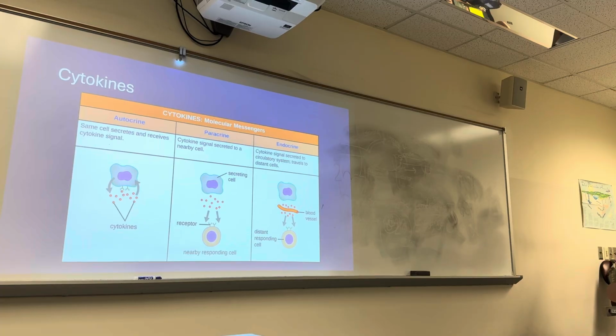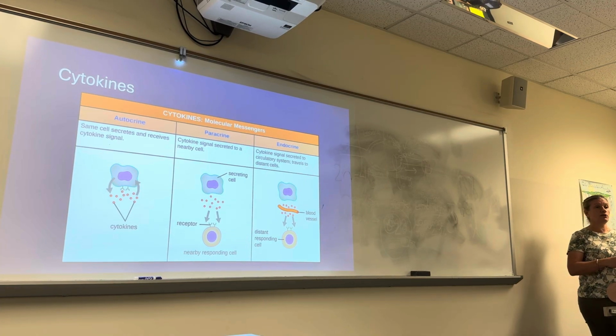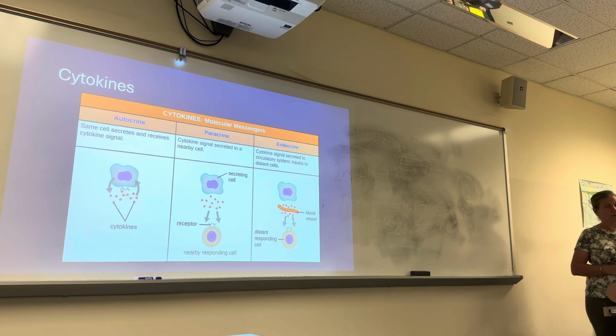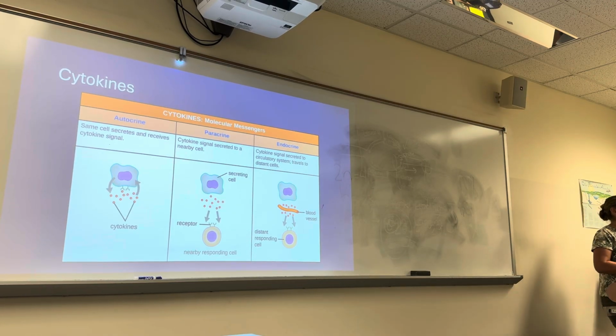So bringing cells into an area, they can be involved with cell proliferation. Hey, you need to increase your numbers. They can trigger cell death, so apoptosis. Okay. Or they can trigger differentiation.